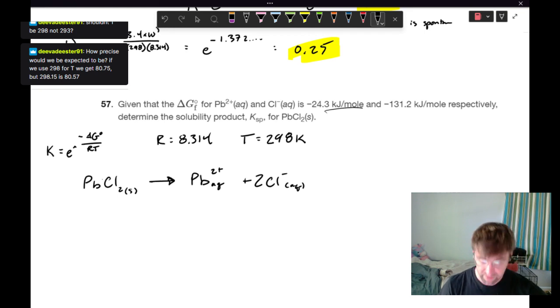Balancing that really quick, we have a 2 there. Since it's standard, we're just going to have to look this up. So this is a tabulated value at negative 314.1 kilojoules per mole, negative 24.3, and negative 131.2.